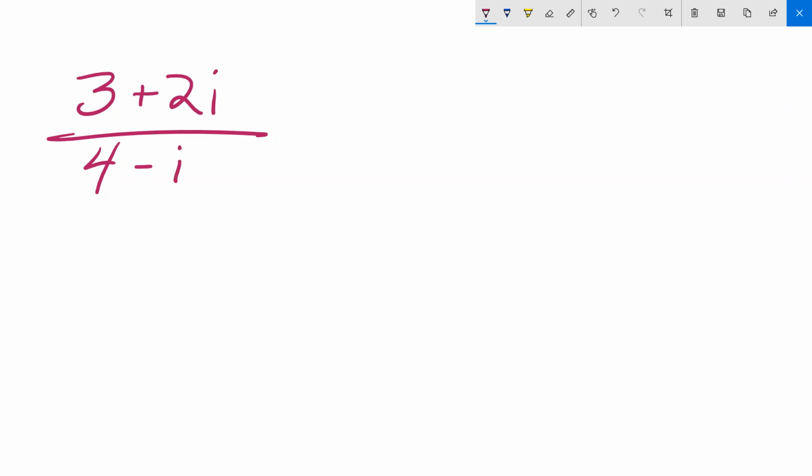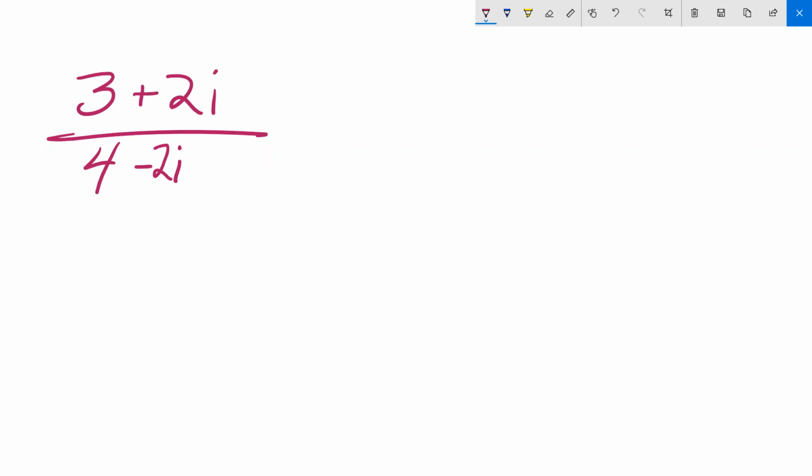We'll put a coefficient in front of it just for the heck of it. Okay, you'd have to find the conjugate of the denominator. In other words, this is not a division problem. It looks like a division problem, but it isn't. It's a problem where you have to make the denominator real.